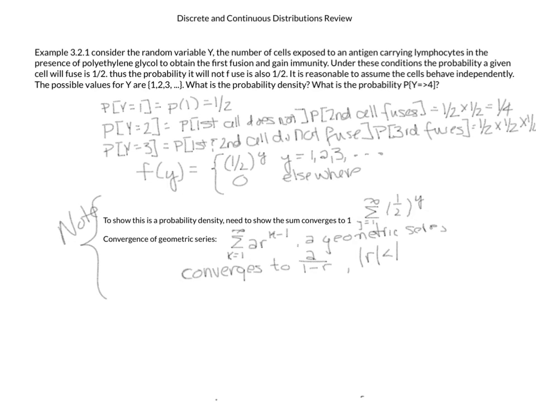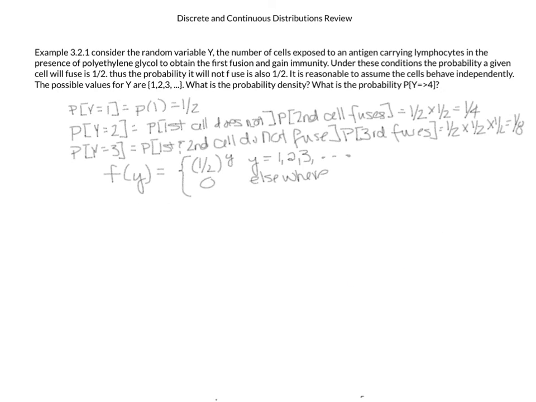If someone asked you to show this was a probability density, you would additionally need to show that the sum converges to 1. Remember, when you sum up all the probabilities, you should get 1. To do that, you use the formula for convergence of a geometric series, where a is equal to 1/2 and r is also equal to 1/2. You'd plug it in and show that it converges to 1. But that was an aside.